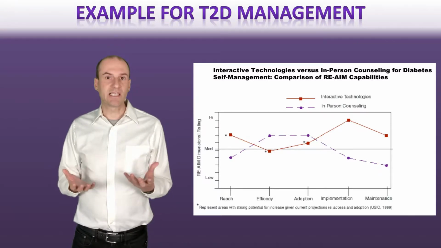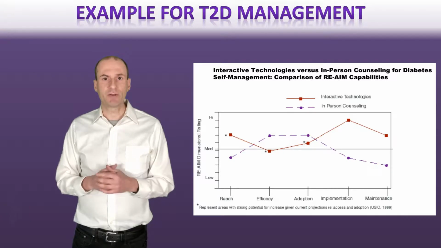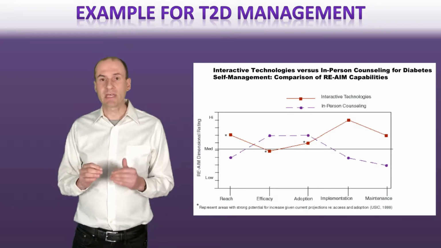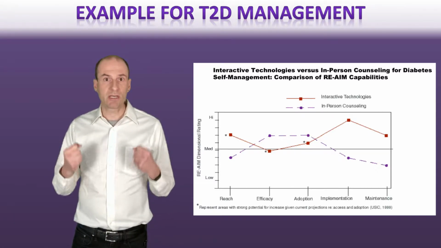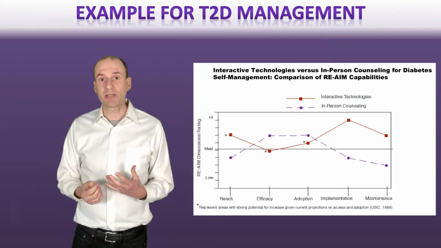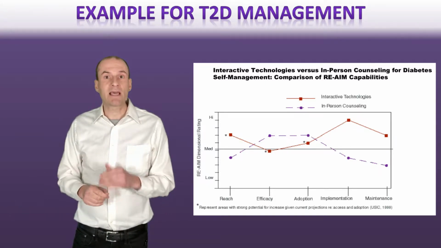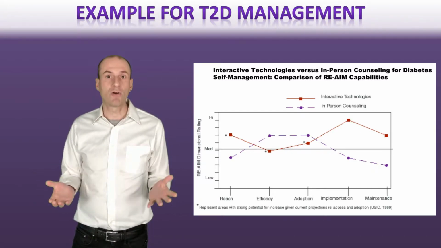So this is just an example of why RE-AIM might actually be useful for thinking about interventions, all right? Because if you analyze some of these things, what we normally think of as being the best approach, that in-person intensive counseling session, may not be the best approach. Now, it might be. I'm in no way saying that you should always use these light touch online programs to solve all our problems.